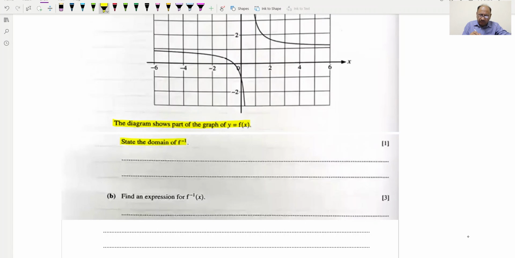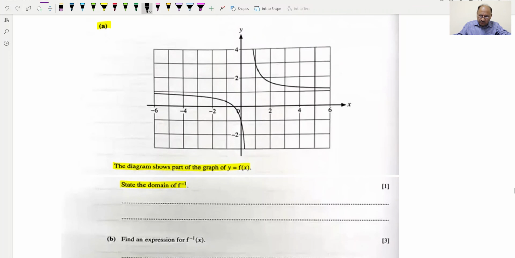State the domain of f inverse of x. And we know that the range of f of x will be the domain of f inverse of x. So this will be the domain of f inverse, and the range is what x values are varying from minus infinity up to this.